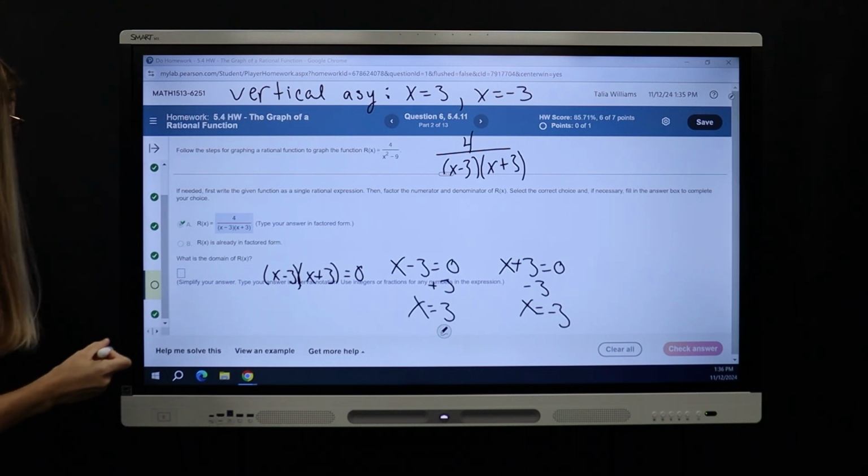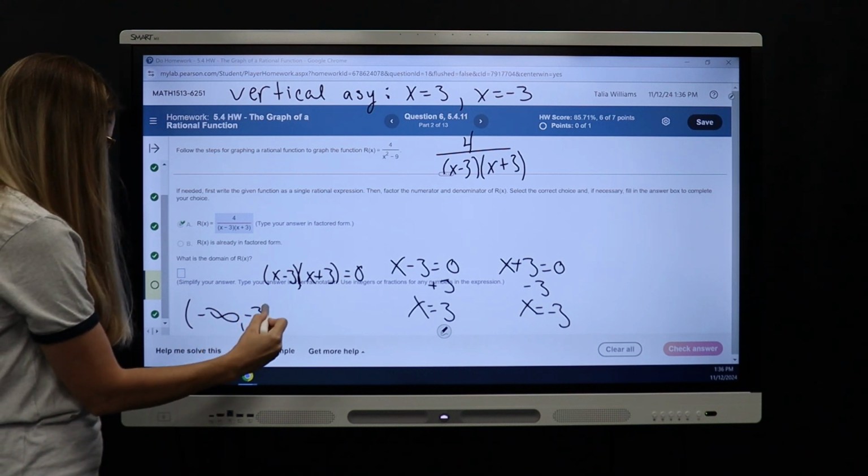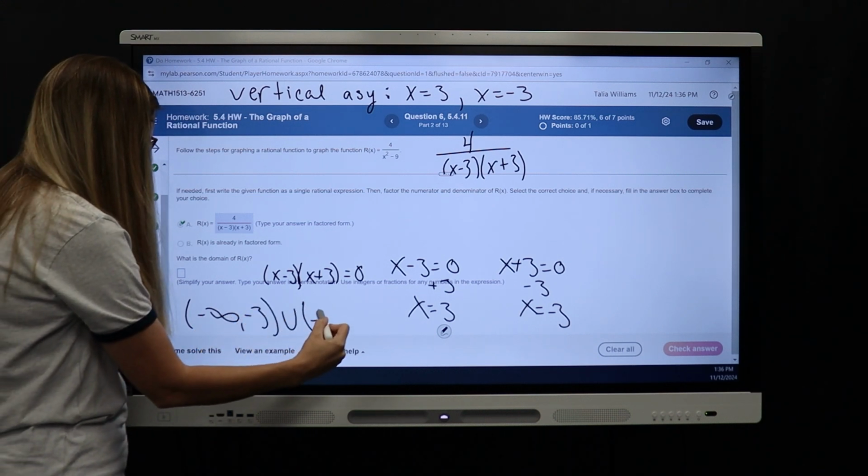And when we type this all out, negative infinity to positive infinity, so negative infinity to the smaller one, union.